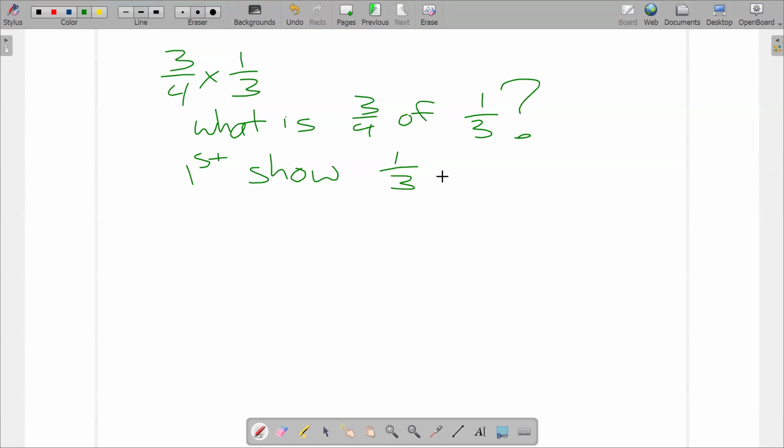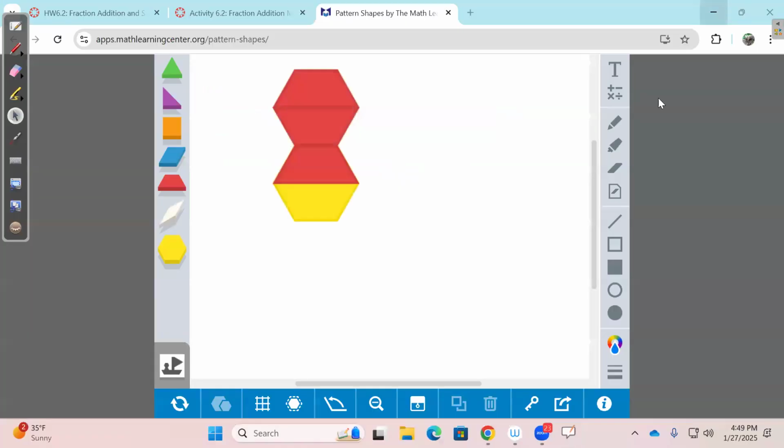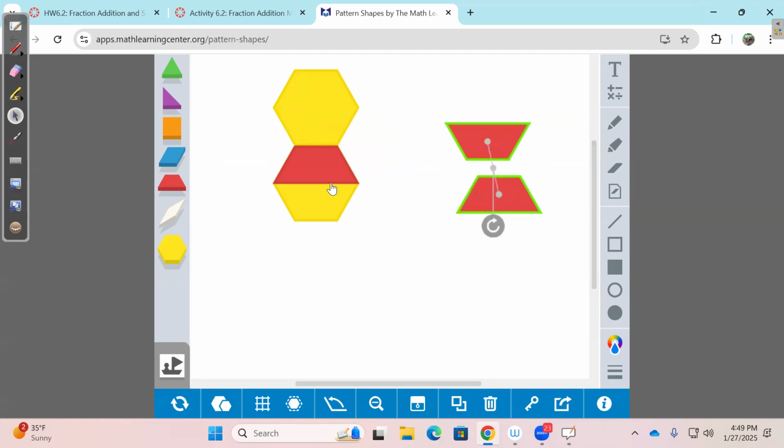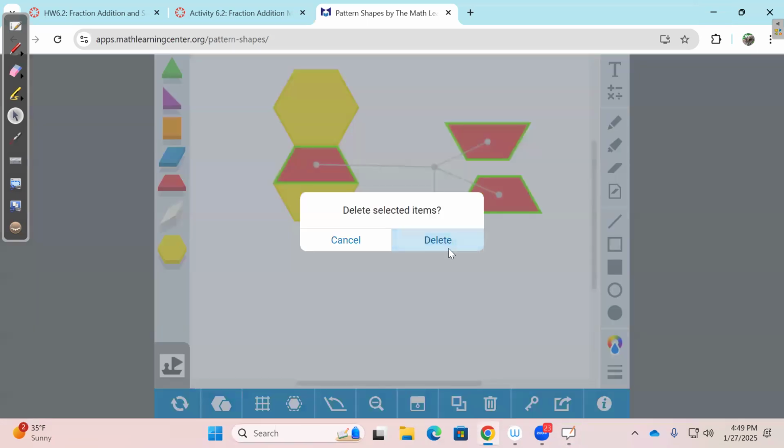Do we want to use a cake drawing or do we want to use the pattern blocks? Yeah, blocks, okay. So with the pattern blocks, we need to be able to show 1/3. Let's stick with the 2 hexagons as a whole. That makes it a little harder and more exciting. So let's pull these off. Delete those guys.